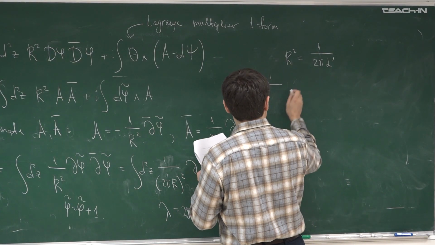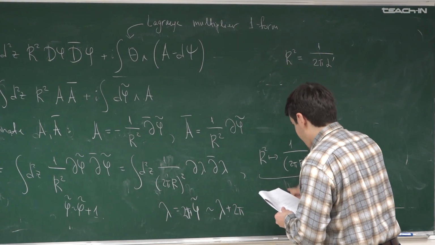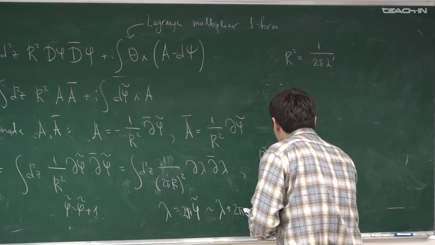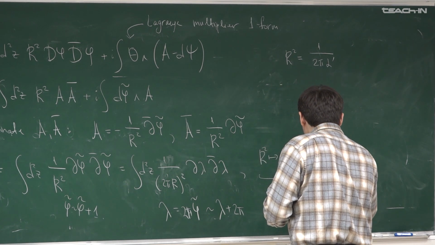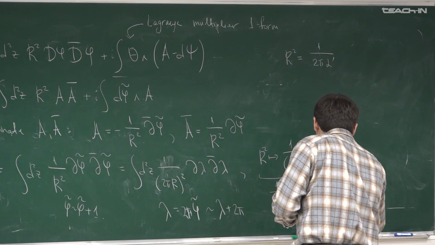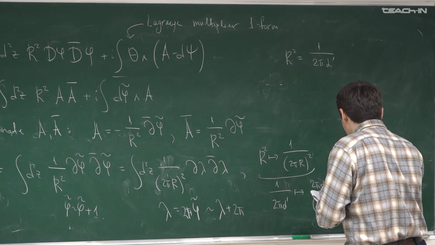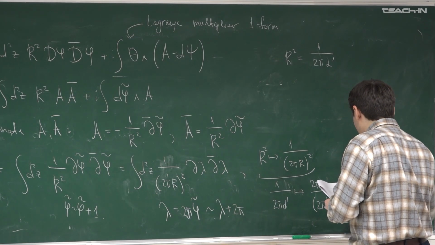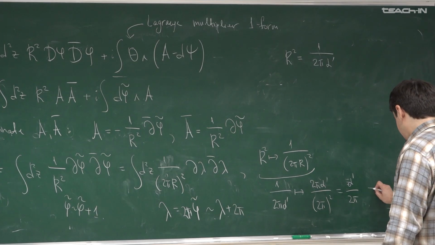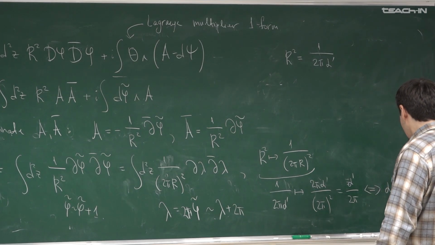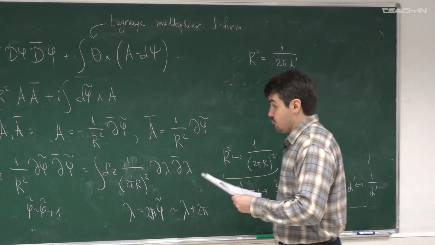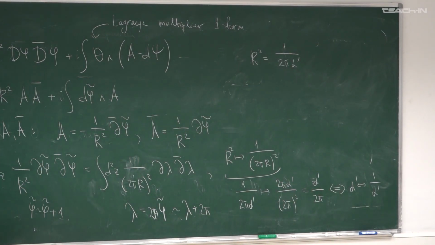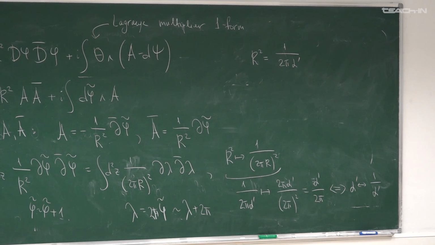So that means that 1 over 2 pi alpha prime goes to 2 pi alpha prime over 2 pi squared, which is alpha prime over 2 pi, which means that alpha prime goes to 1 over alpha prime, which is what we got before, in the description of the spectrum.